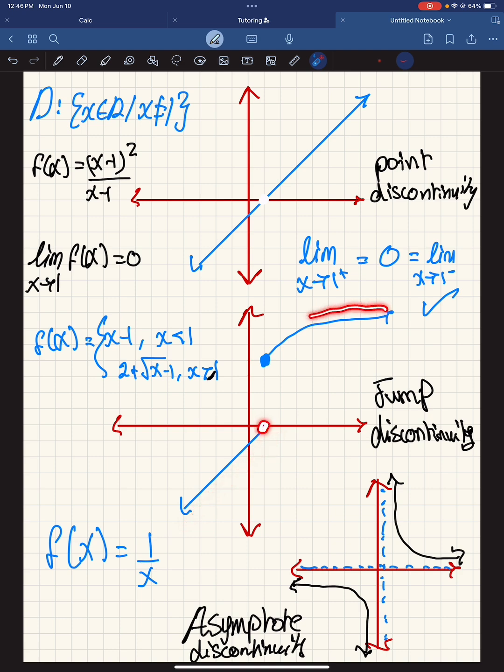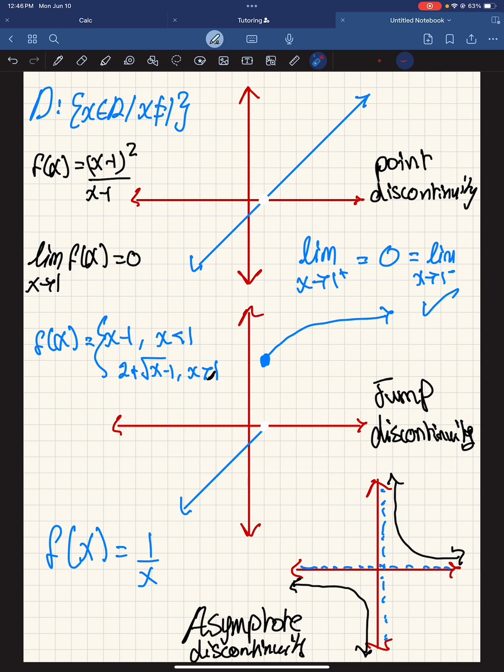But if you go back and trace it from the right side, it approaches positive 4. That makes the limiting value from the left side and the right side not equal to each other. And this means that the limit, in this case, does not exist. This is the second type of discontinuity. It's called jump discontinuity.